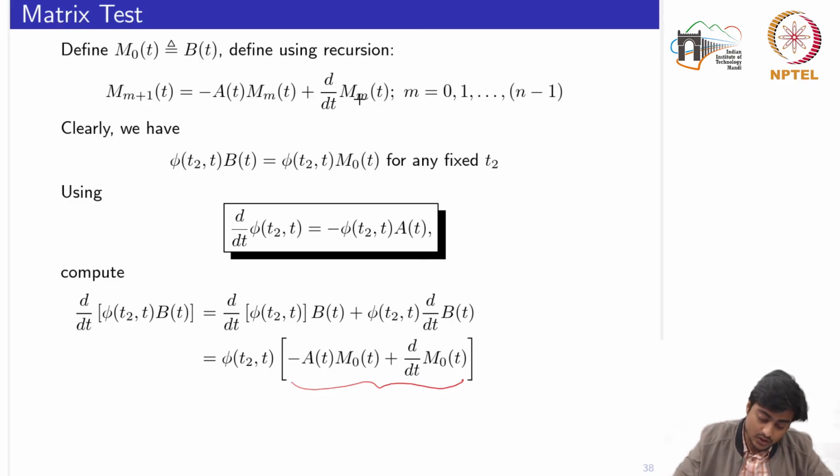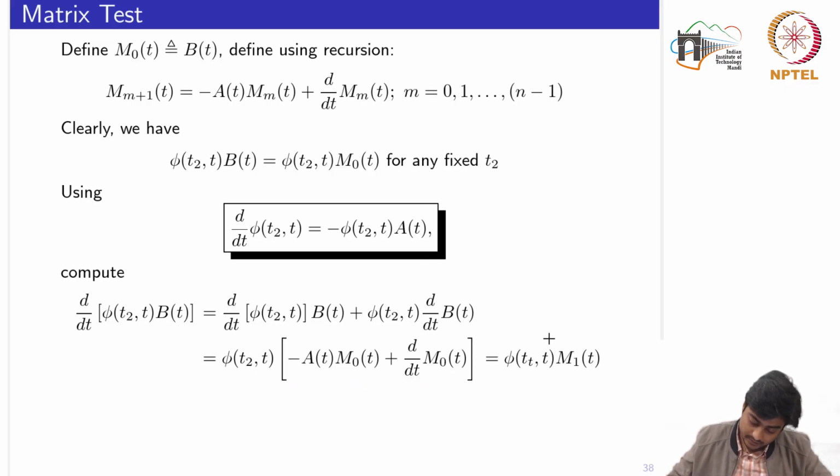If I put k equal to 0 into the recursion, I would have M1 equal to minus A of t M naught plus d by dt of M naught. So this becomes nothing but phi of t2 comma t into M1 of t.